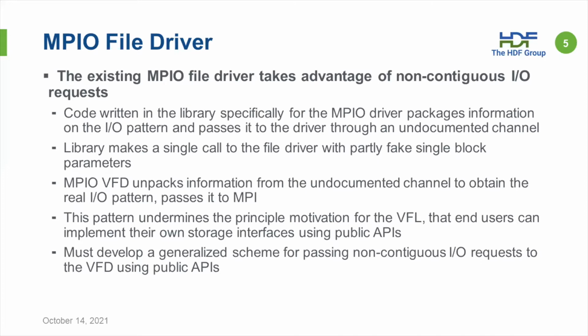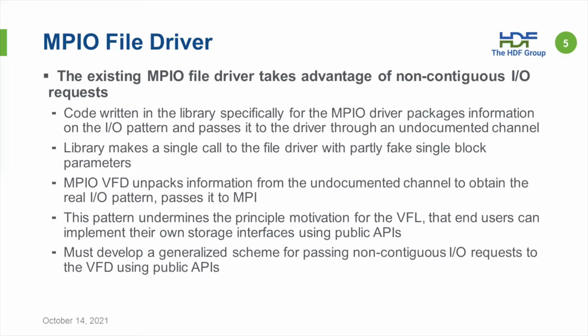And the library has code written specifically for the MPIO file driver, where the library builds up the MPI data type and passes it to the file driver. And it passes it in kind of a weird way. It passes it through, like I said, this undocumented backdoor channel, and the parameters it passes to the read or write call don't really reflect the actual IO that's going on, because it's really this weird shaped thing, even though it passes an offset and length.